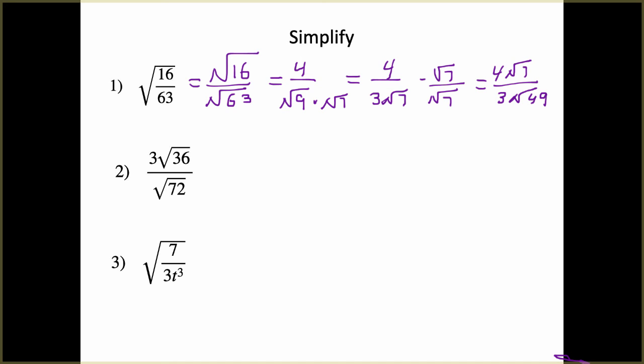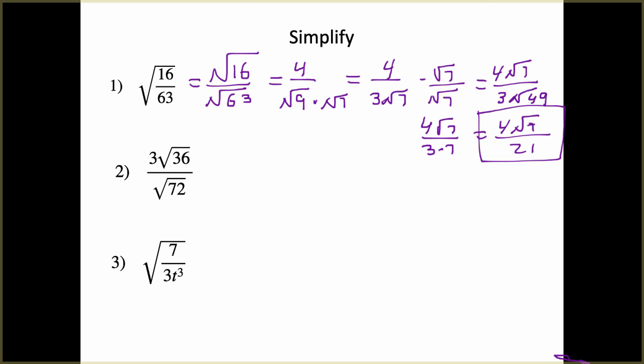And again, if you recognize that the square root of 7 times the square root of 7 is 7, you could go right to 4 square root of 7 over 3 times 7, which is 4 square roots of 7 over 21, which is my final simplified form. 4 square root 7 over 21.